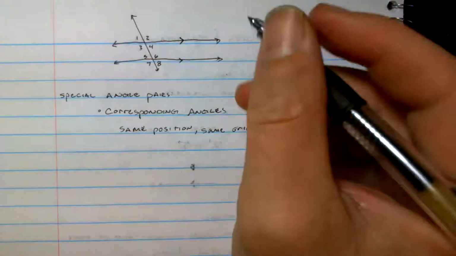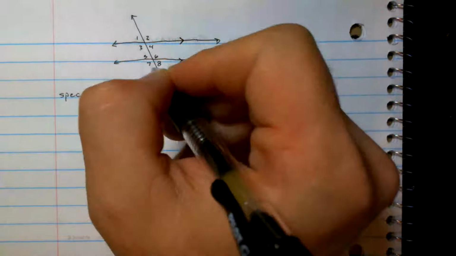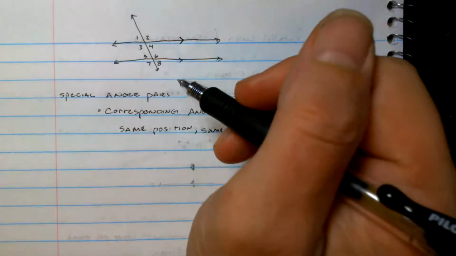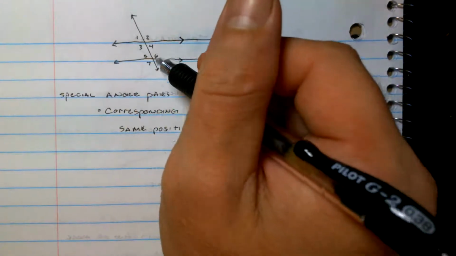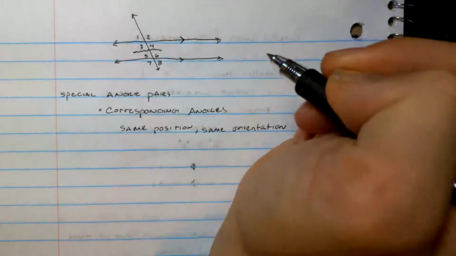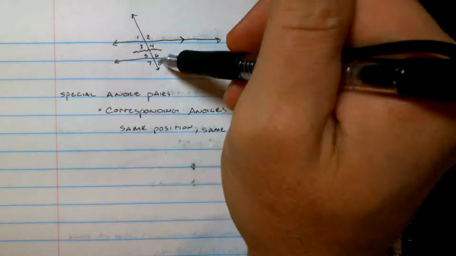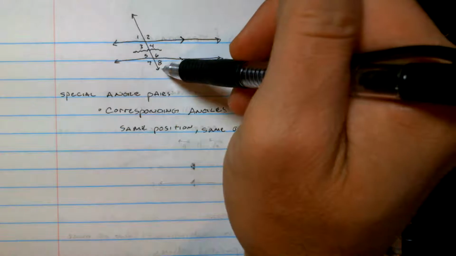Well, if you'll notice, 1, 2, 3, and 4, and 5, 6, 7, and 8 are really just twins. Okay. So if I somehow could cut this right in here, and I could slide 1, 2, 3, and 4 down into 5, 6, 7, 8 position, I could match these up.